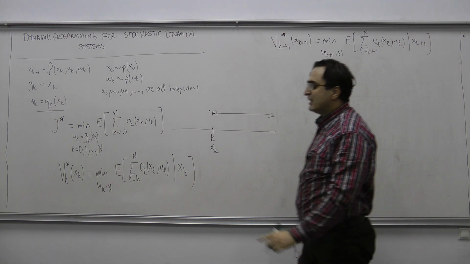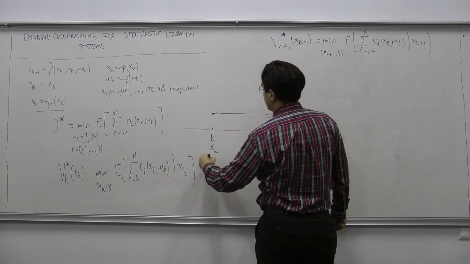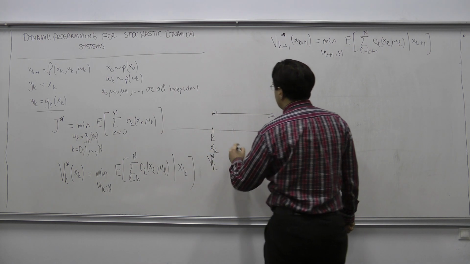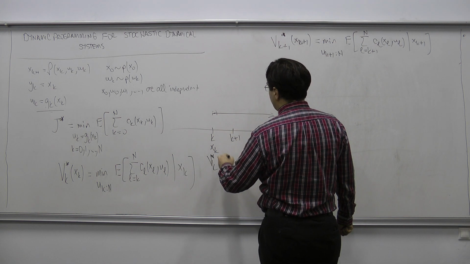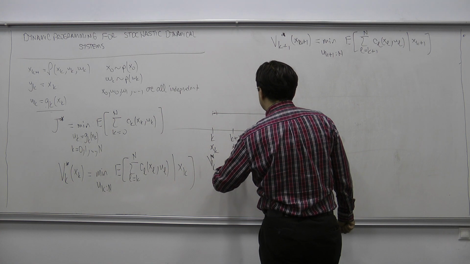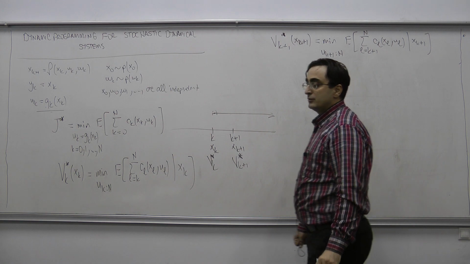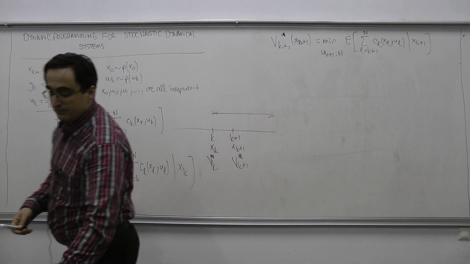So when xk+1 is given to me, this is the optimal that I can do at time k+1. Okay?